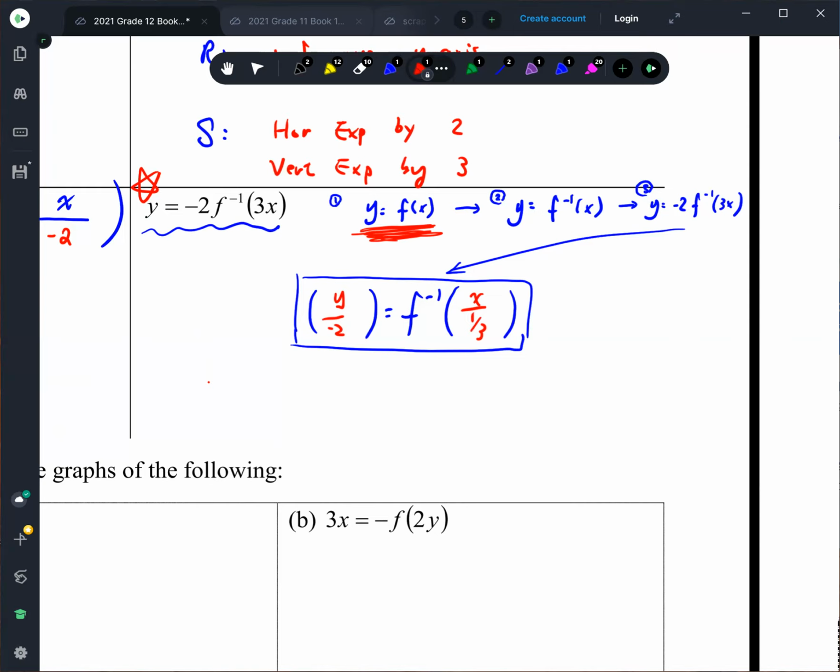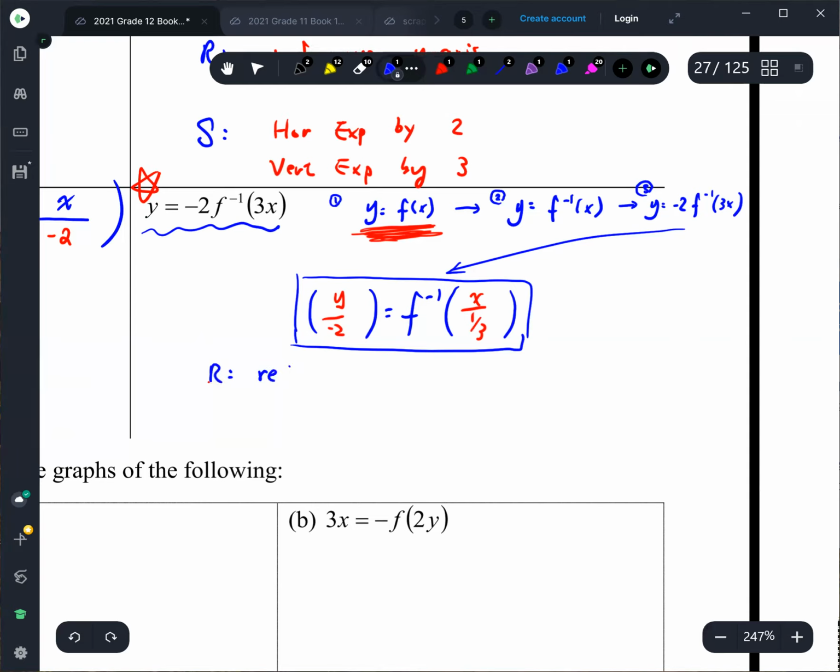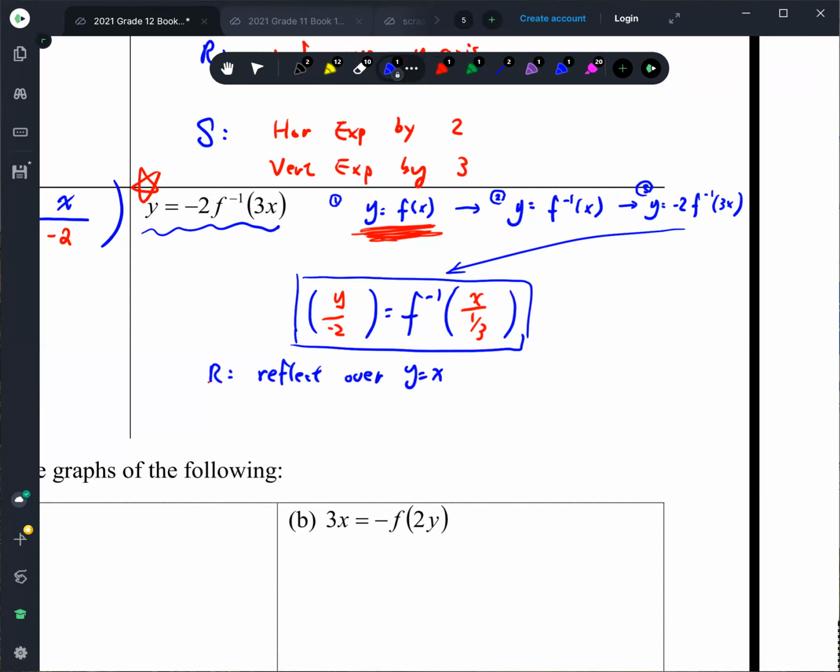Okay, so inverse always happens first. You need to make the function inverse first, and then you do other stuff, right? So when you describe the reflection, you need to say reflect over y equals x. So that will happen first because inverse happened first. Okay, so please make a note of that.